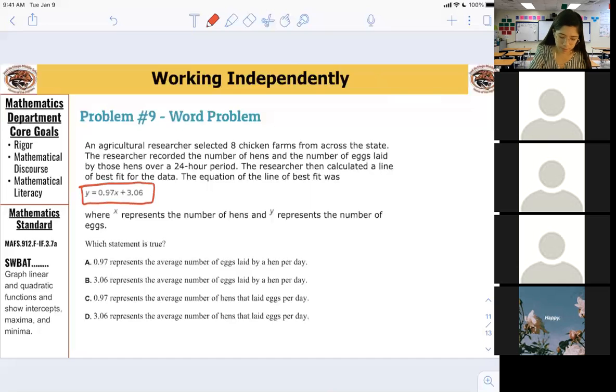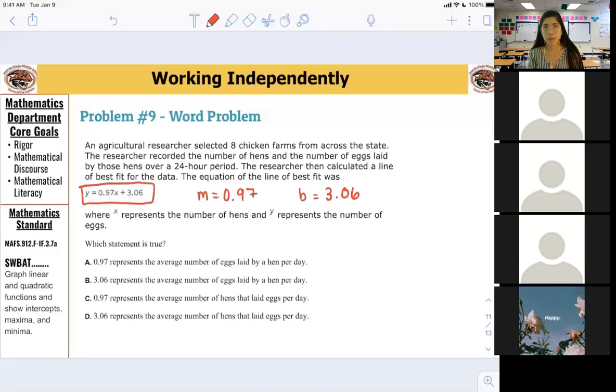So, okay, hold on. So what's my slope? What's my y-intercept? Your slope is 0.97. And the y-intercept is 3.06. So the slope is the rate of change.